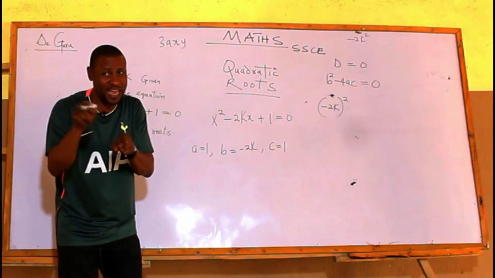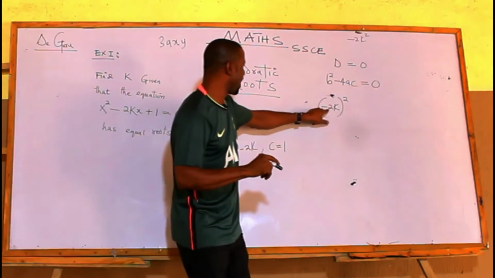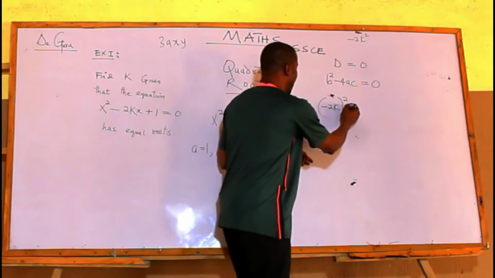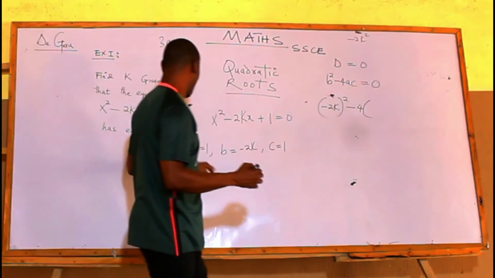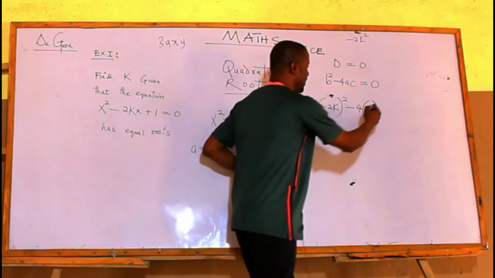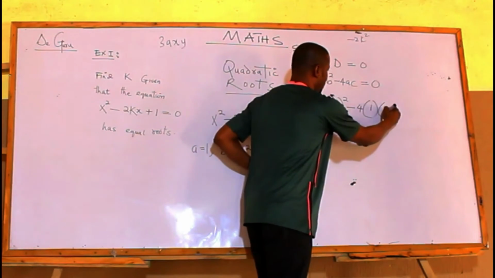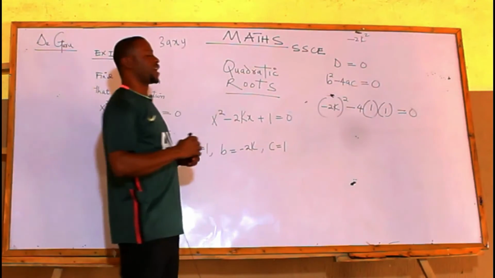Not minus 2k with the square just on top of k. That's minus 2k all squared, minus 4a, that is 4 times a. What is our a? 1. Times c. What's our c? 1. Equal to 0.